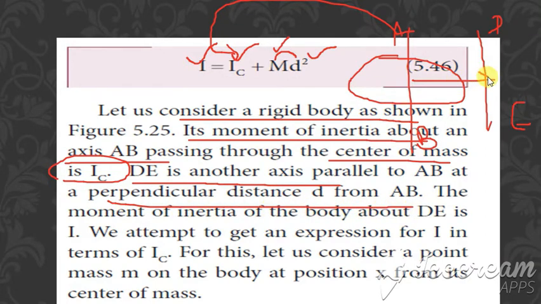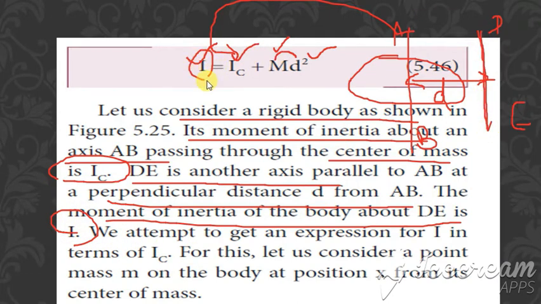The moment of inertia about DE is I. So the moment of inertia of AB is IC, and the moment of inertia of DE we consider as I.